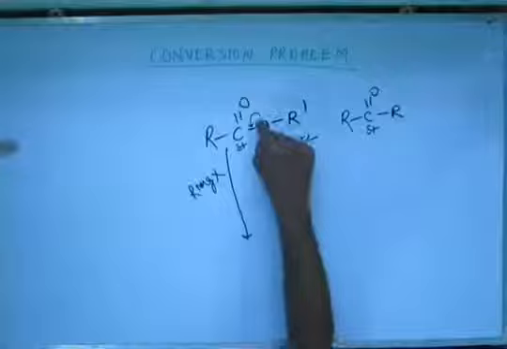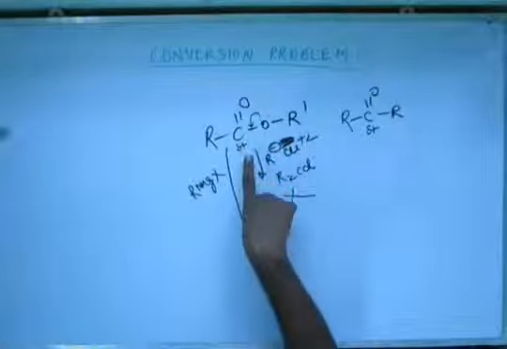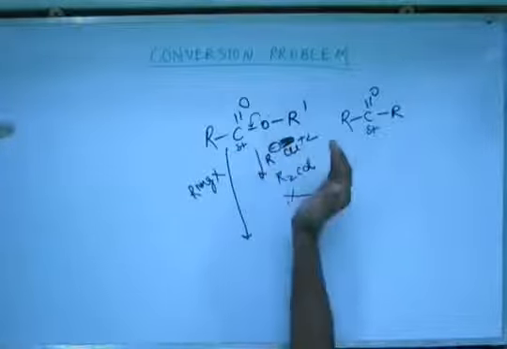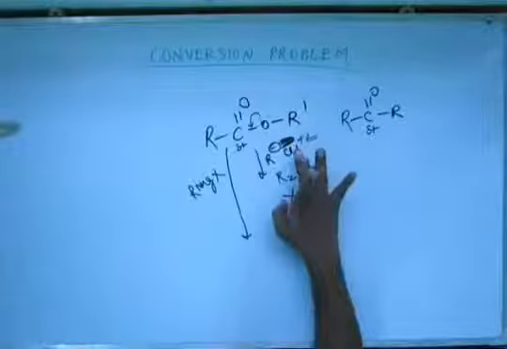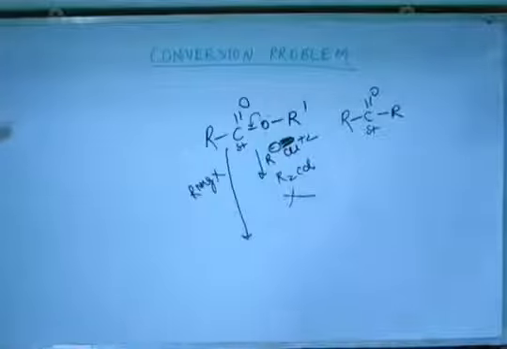That means if you have any electron giving atom attached to carbon, that will decrease the reactivity of this carbon because of electron donating nature, and that will decrease the reactivity of the whole compound, and this dialkyl cadmium or Gilman's reagent will not react with this ester.